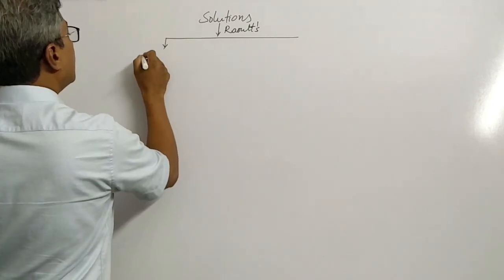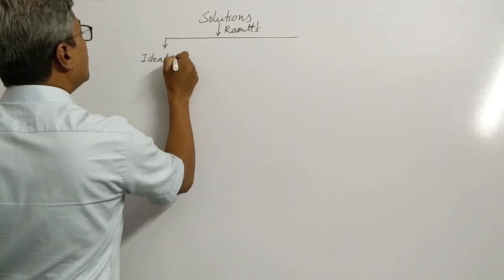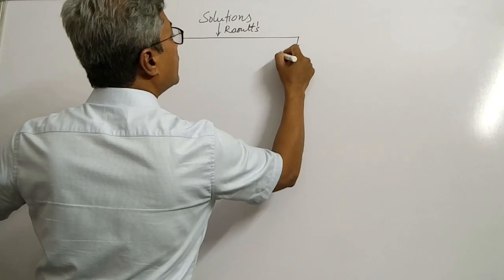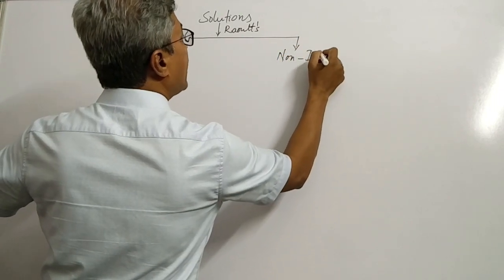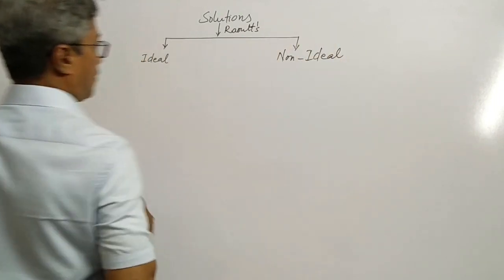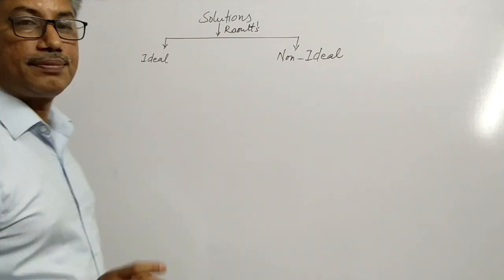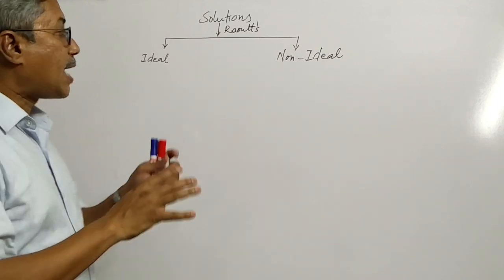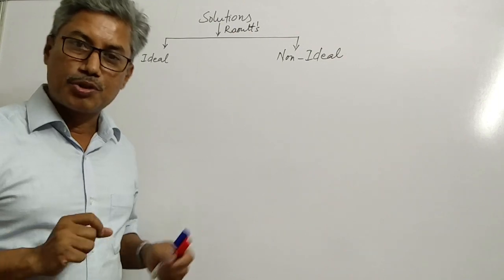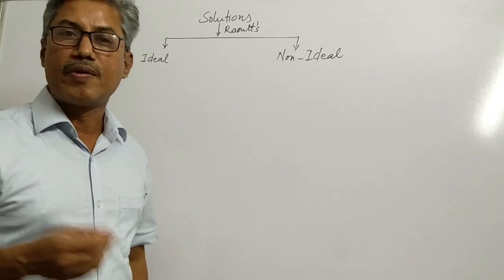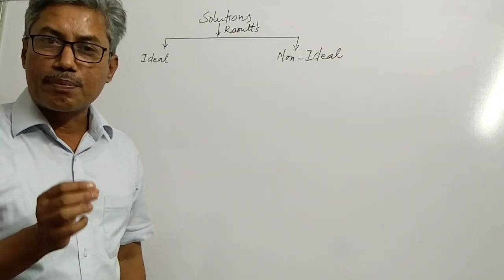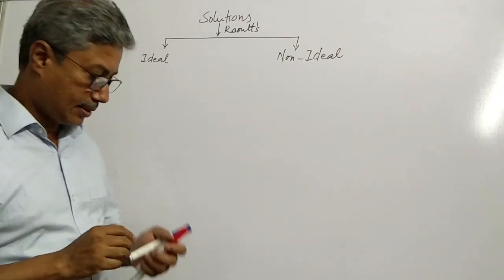One is ideal solution, another one is non-ideal solution. Okay, students. Now, having two types of solutions, we will be very much interested to know what makes them behave like this.